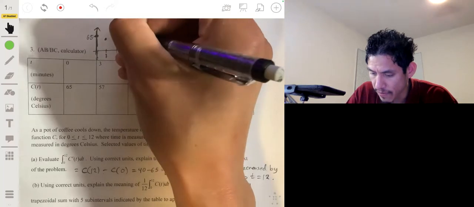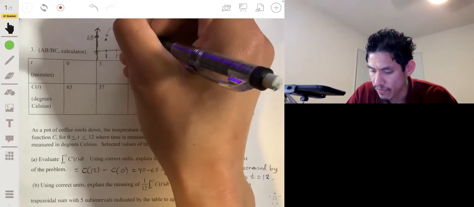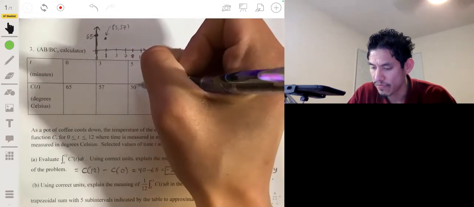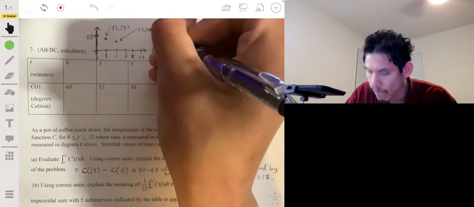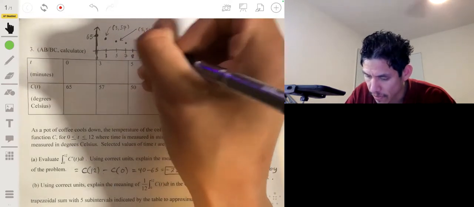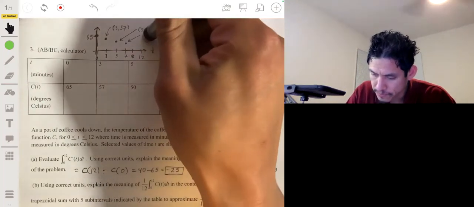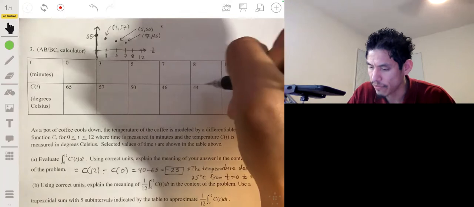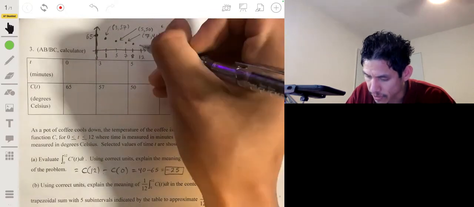And over here, that'll have a height of 57 when t is 3, 50 when t is 5, 46 when t is 7, and then 44 when t is 8, and 40 when t is 12.